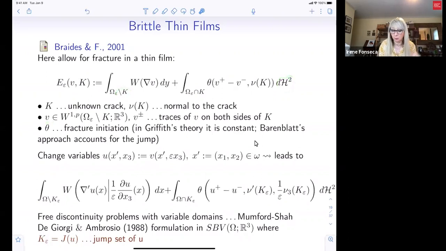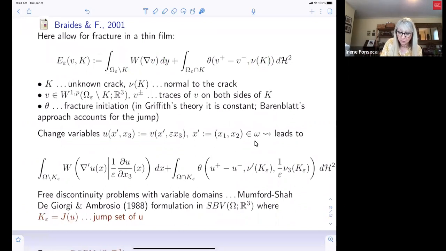So Hausdorff measure is finite. And so outside K, I have my usual W, and I can penalize the opening of the crack, which is the traces of V on each side, right? V plus minus V minus, the amplitude of the jump. And this is the normal to the crack, okay?